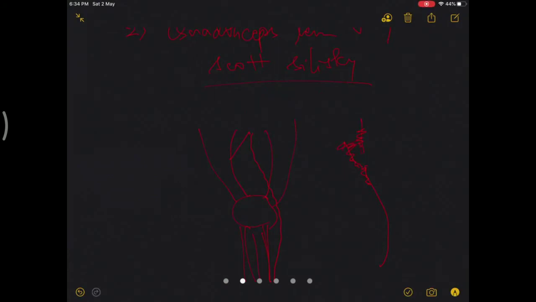Means you pull this down and you attach these two, whatever gap is there, and then the pull which is here is tied like this.